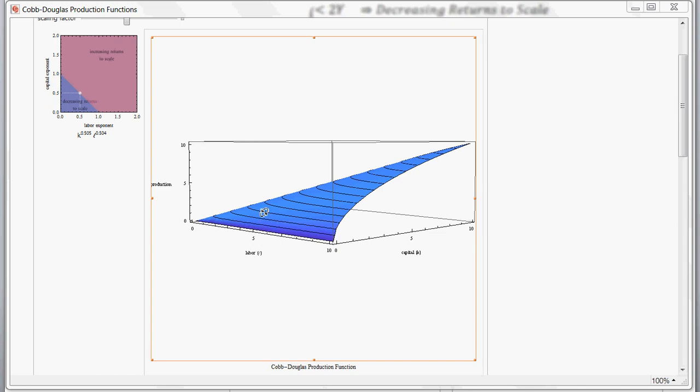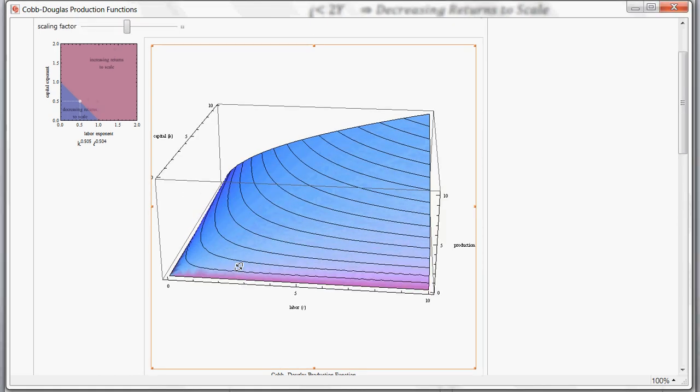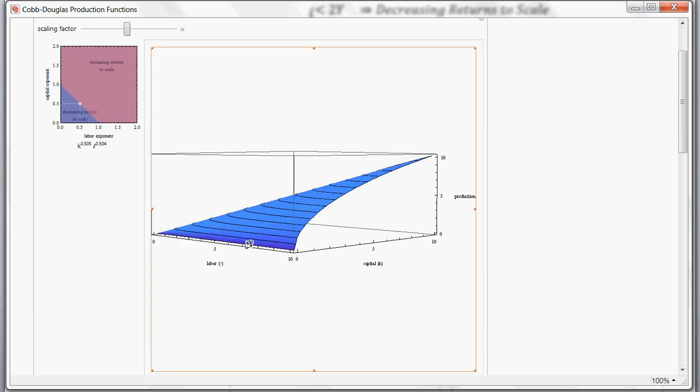This point I'm pointing to is about capital of 2 point something and labor of 2 point something. Every time we go up this way, we've increased capital and labor by the same scaling factor z. Notice this is a straight line, so this is a constant increase in production. At this corner, 5 labor and 5 capital give about 5 production.